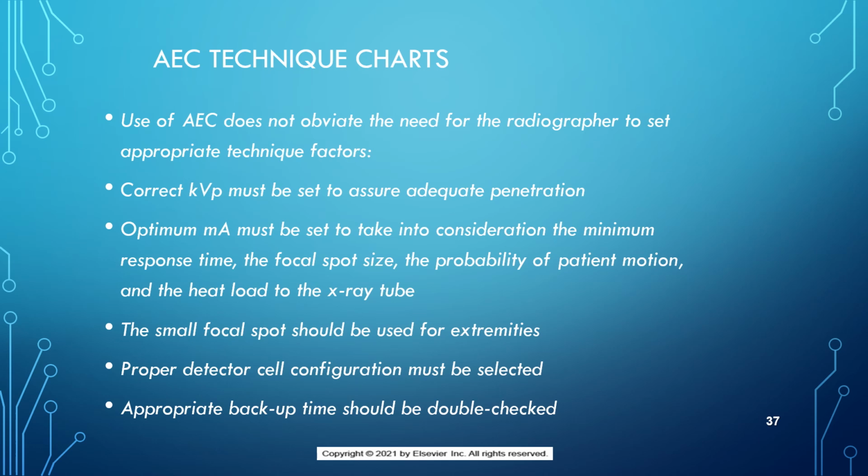Okay, probability of patient motion. Here's another downfall for your hypersthenic patient. Your hypersthenic patient, thicker body part, so we know the exposure is going to run long. We compensate with an increase in kVp, but that AEC still runs long and the exposure runs long. What's our risk?